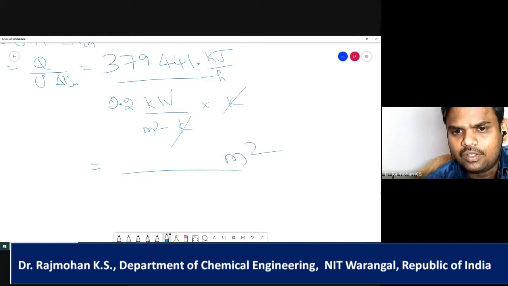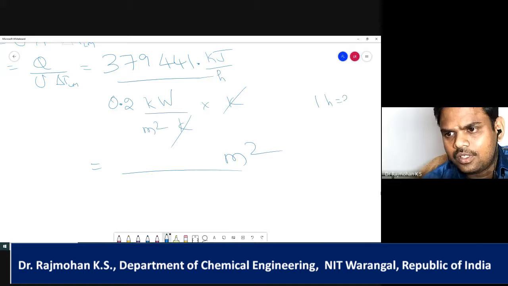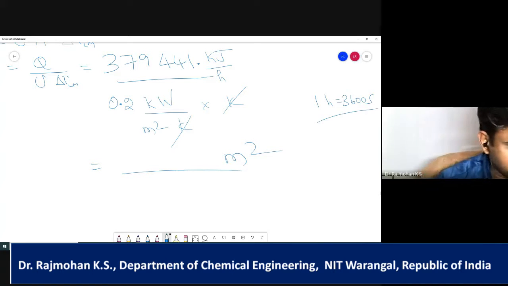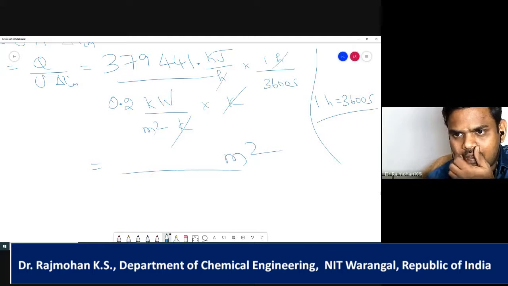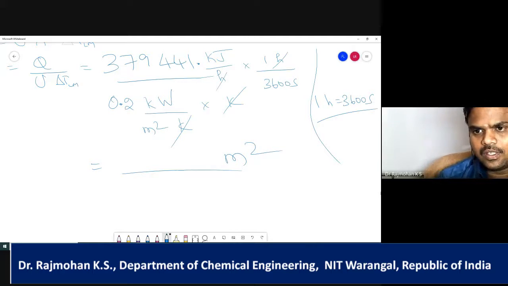You have to know that 1 hour is equal to 3600 seconds. So we can get joule per second as watt, getting cancelled. So this will be kilojoule per second.